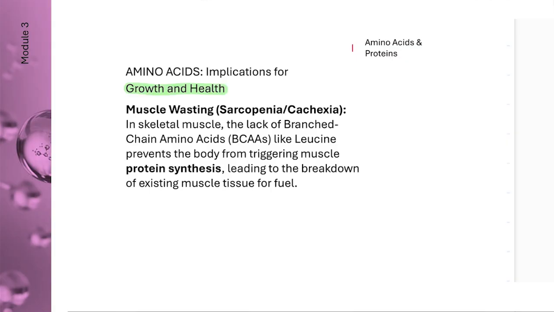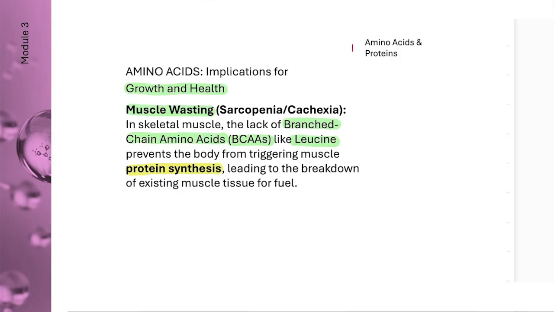And amongst them, you remember the essential amino acid leucine. So leucine and many of the branched chain amino acids are very important, because when they are not available, especially in a child, it could lead to muscle wasting. Now, why is this so? Because these essential amino acids are very important for protein synthesis.